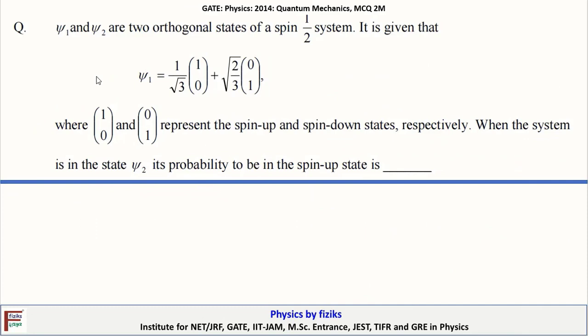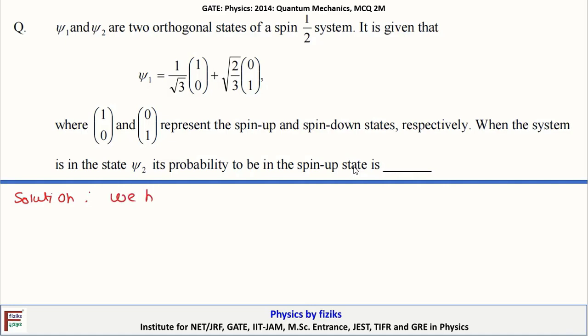ψ1 and ψ2 are two orthogonal states of a spin-half system. It is given that ψ1 is in this state, where (1,0) and (0,1) represent the spin up and spin down states. When the system is in state ψ2, its probability to be in the spin up state is? So we have to determine the value of ψ2. Solution.